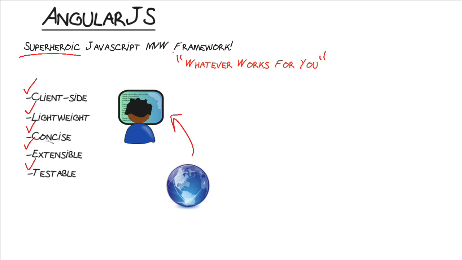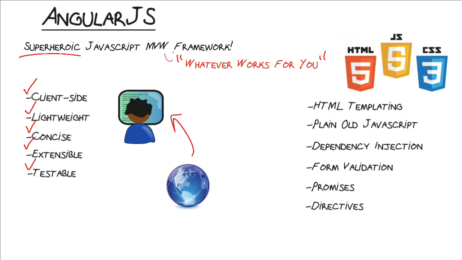Some of the features I want to highlight about AngularJS include HTML templating. Like I mentioned before, AngularJS extends the HTML that you already know how to work with. HTML templates ensure that your data is bound inside your HTML documents declaratively and in a way that makes sense and is easy for you as the developer to both implement and understand when you go back to and read it later.